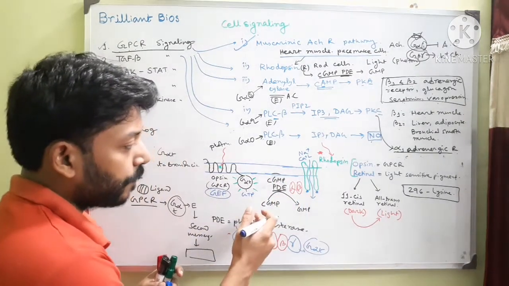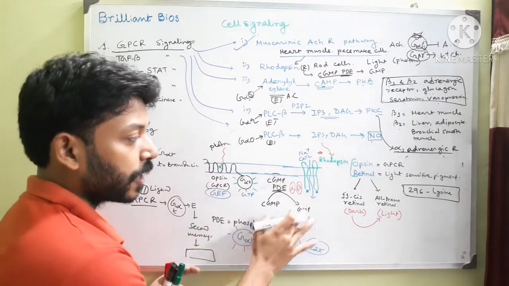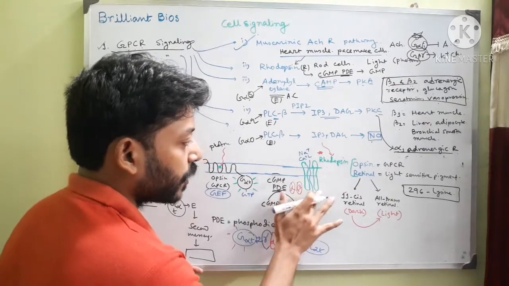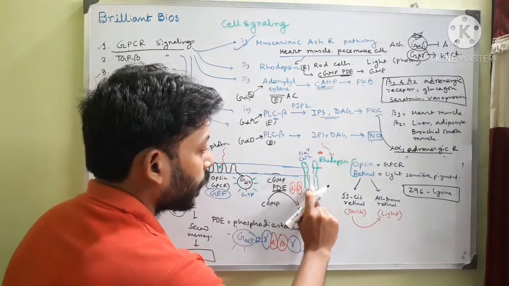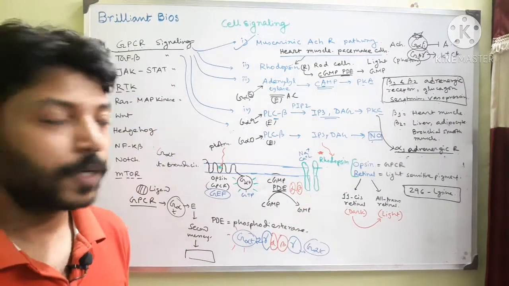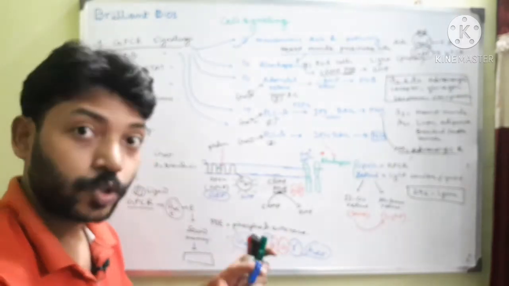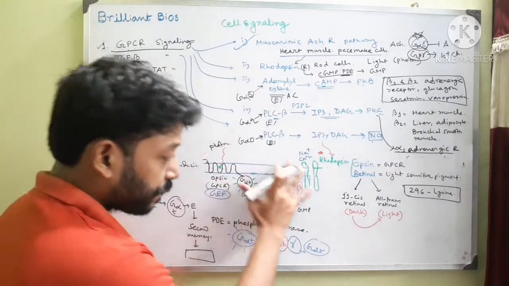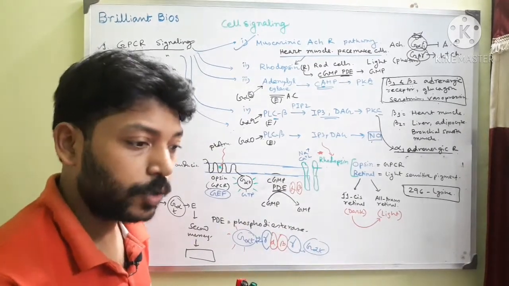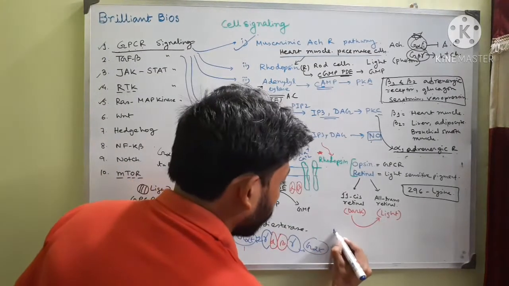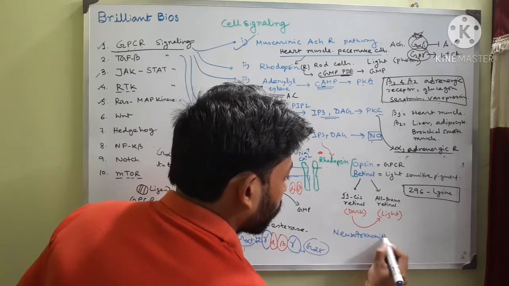But as you can see, when light falls, the level of cGMP reduces. Then cGMP cannot bind with this channel, and the flow of sodium and calcium stops. When sodium and calcium entering the cell stops, then the rod cell, which is a neuron that can secrete neurotransmitter, stops.